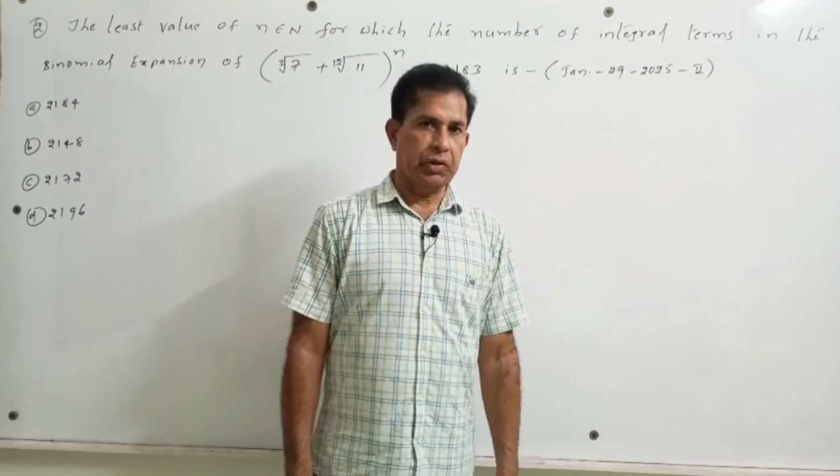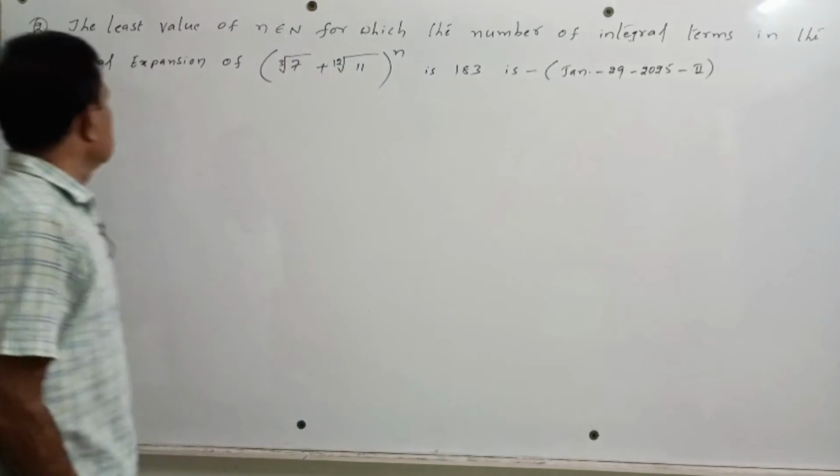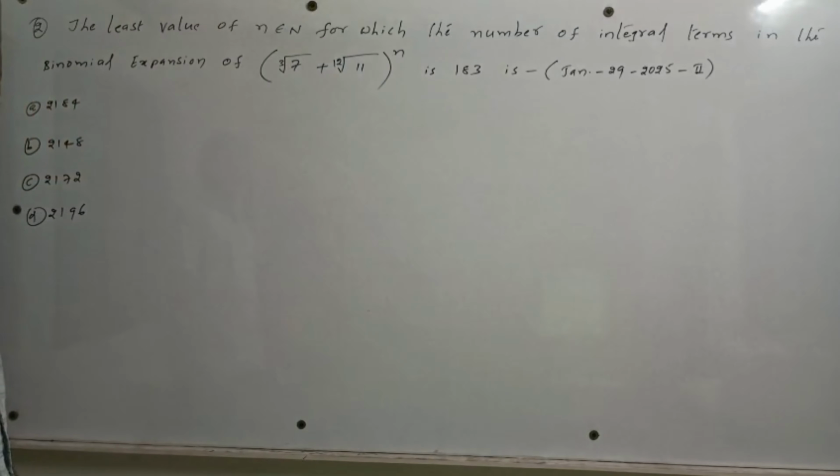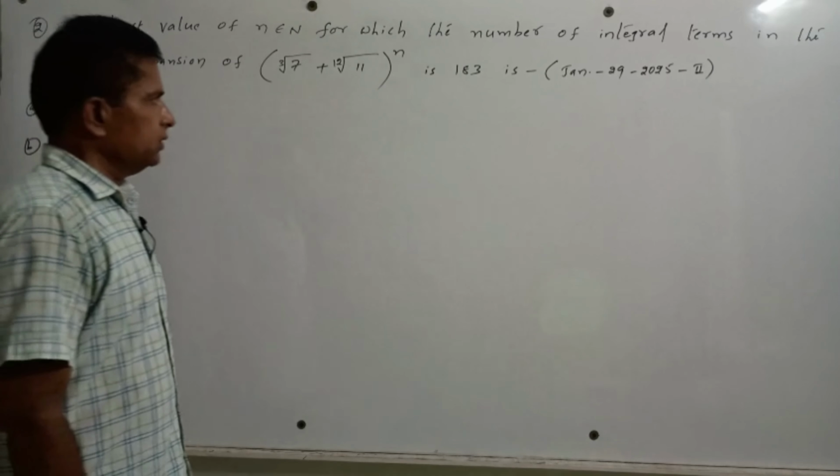See one more PYQ. The least value of n belonging to capital N, for which the number of integral terms in the binomial expansion of cube root of 7 plus 12th root of 11, whole power n, is 183, is.